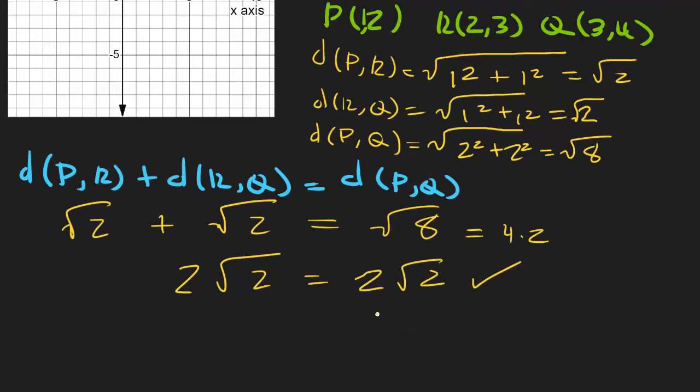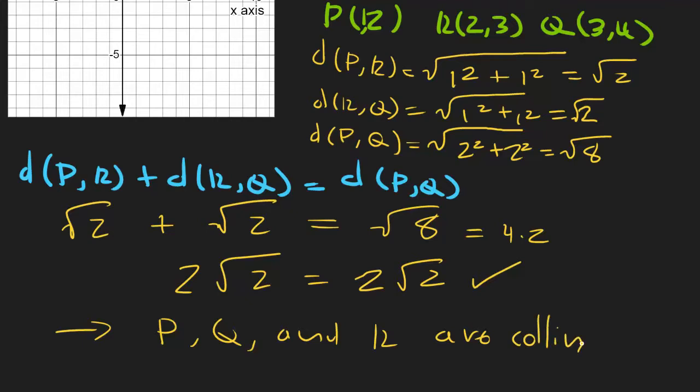What this means is that the points P, Q, and R are in fact collinear.